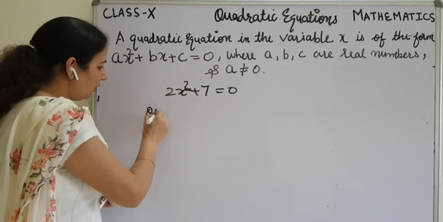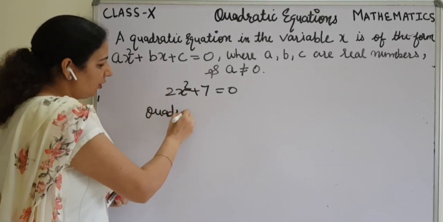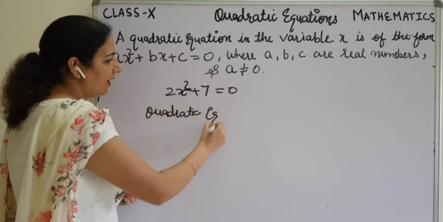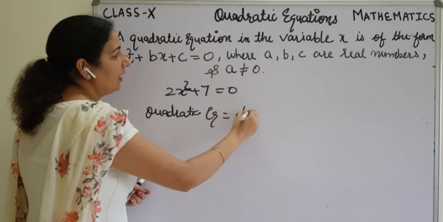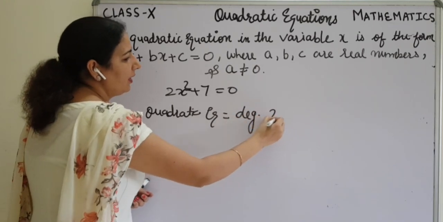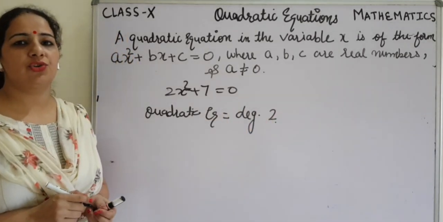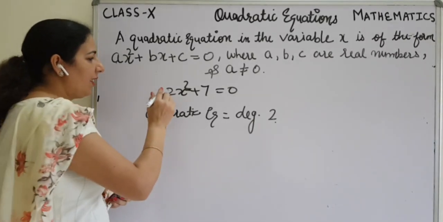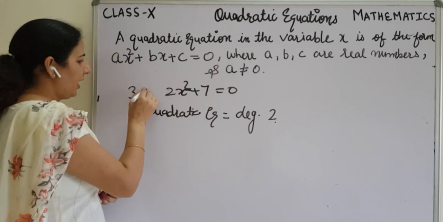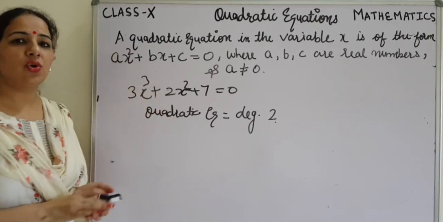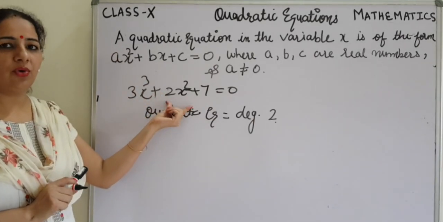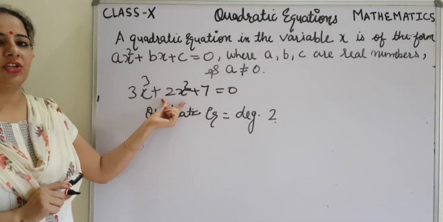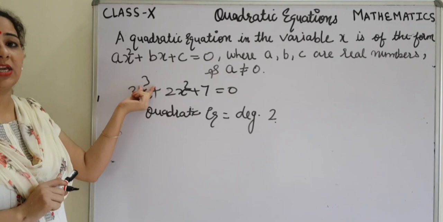So quadratic means you just have to see that the degree of the given equation should be 2. If I write like this, 3x cube, no doubt it is an equation, but this is not a quadratic equation. It is a cubic equation.